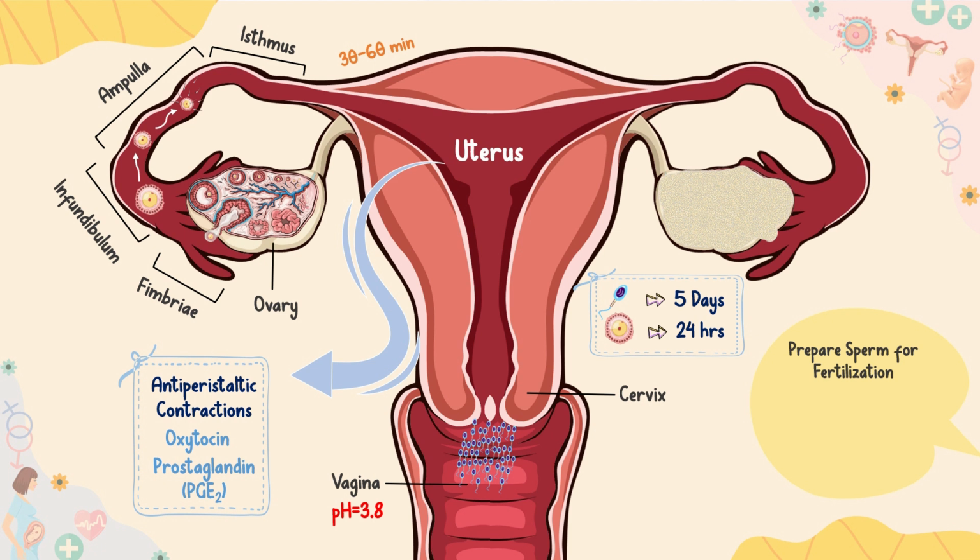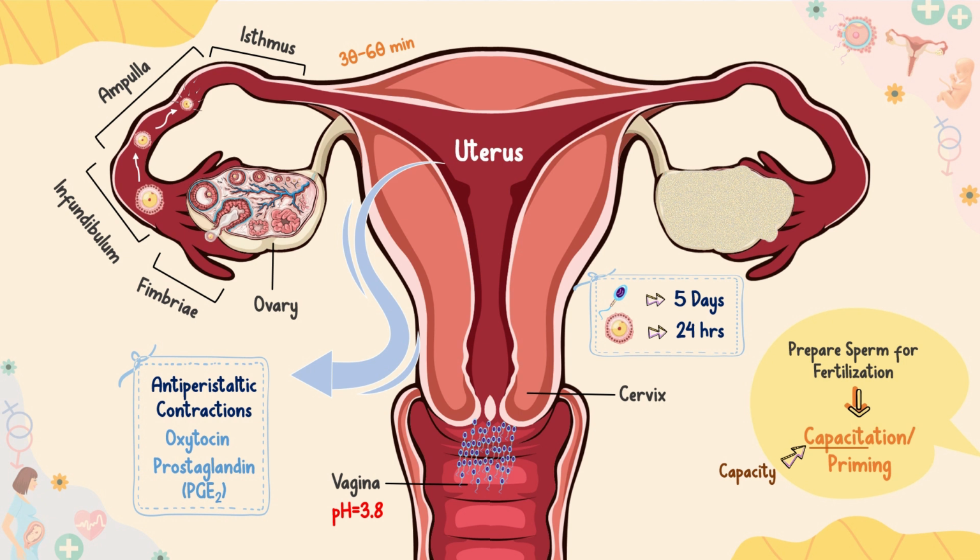But many other sperms are kind enough to make this fertilization possible for it. Yes, a team of sperm is helping out to make the fertilization possible. I'll explain this in a while.